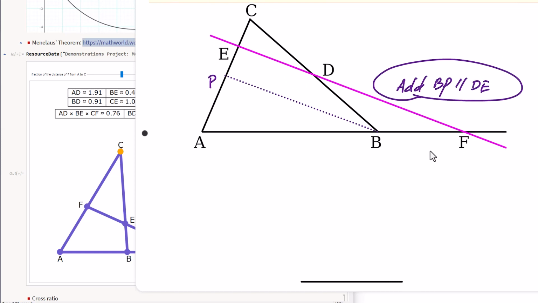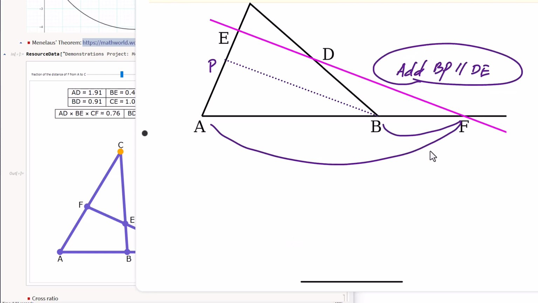So let's see, we have AF over FB, which is the same thing as AE over EP.